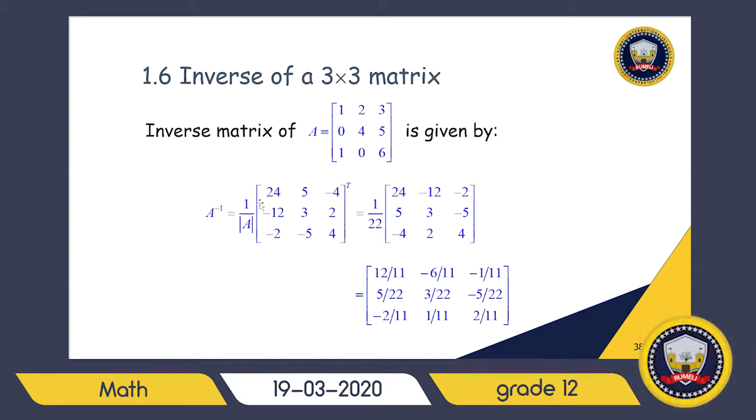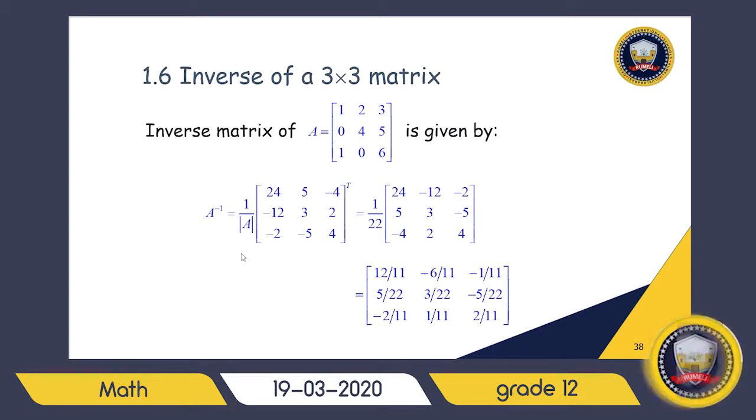Again, 1 over the determinant of A times the cofactors, but we take the transpose of this matrix and then we find the answer. The answer is going to be a 3 times 3 matrix. We will get A negative 1.